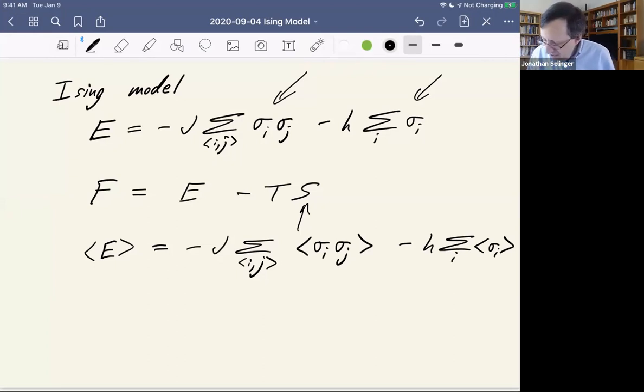This thing is easy. That is just this magnetic order parameter m, as we've been talking about. But what is that other thing? It's not at all obvious how that should be related to m.